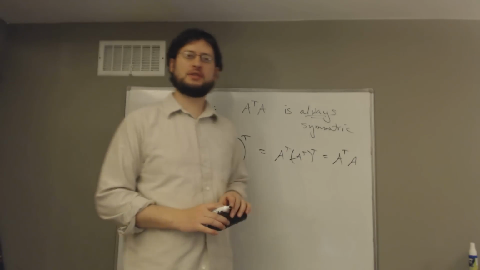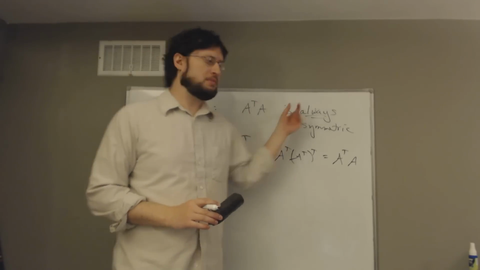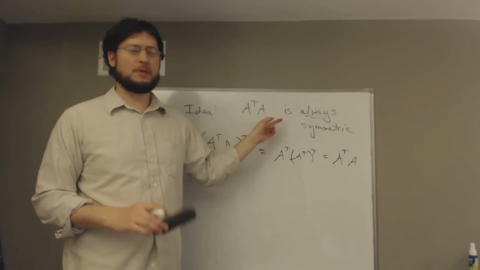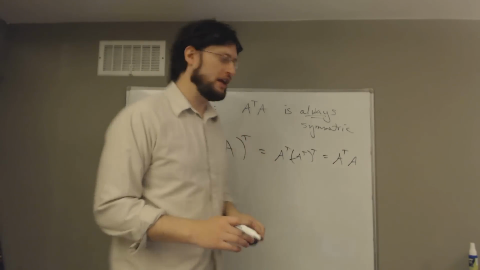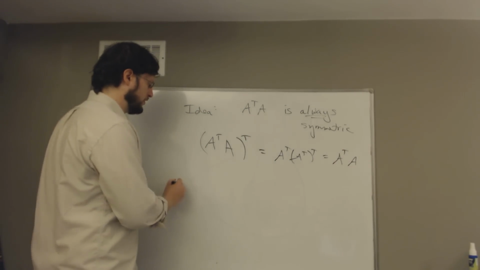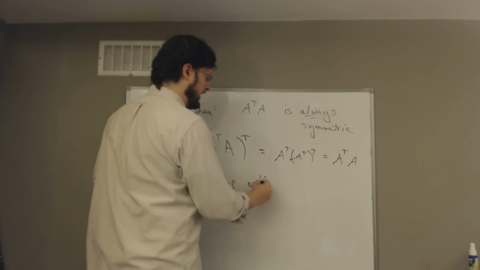And so that's our first key point. A may not be symmetric, but A transpose A is, no matter what. Which means that I can orthogonally diagonalize A transpose A. Right, so A transpose A has an orthogonal diagonalization.